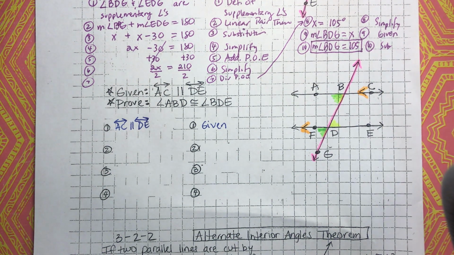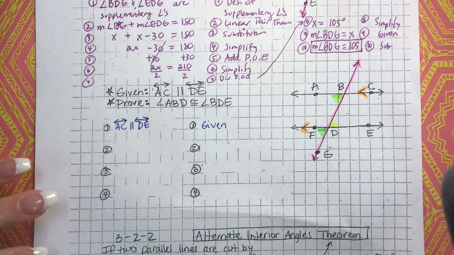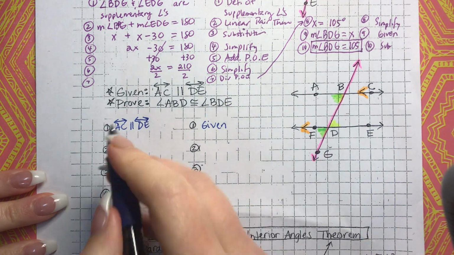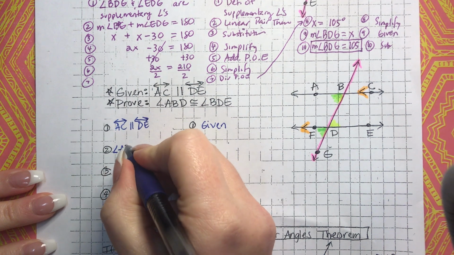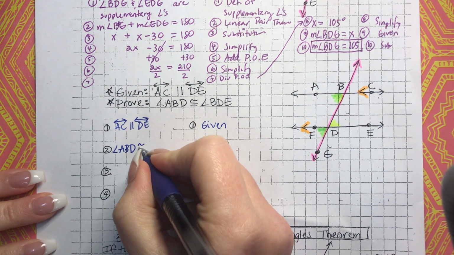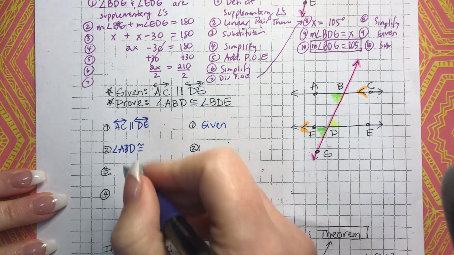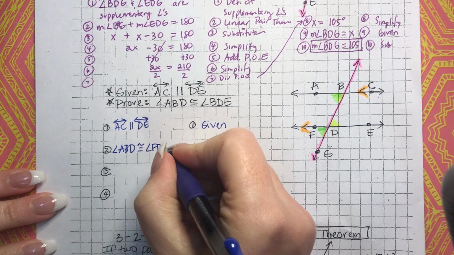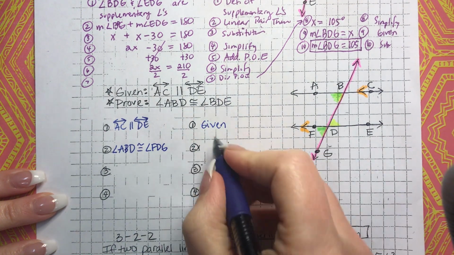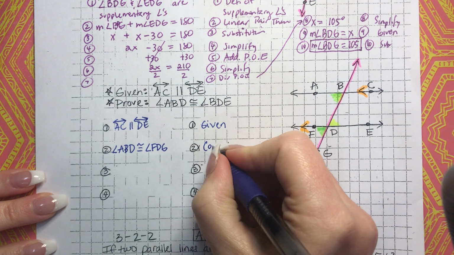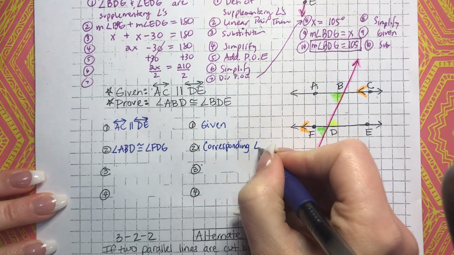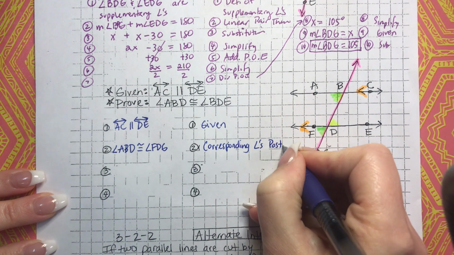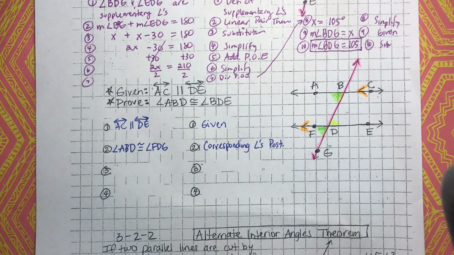So we know that those are congruent because of the corresponding angles postulate. So I'm going to say angle ABD is congruent to angle FDG because of the corresponding angles postulate. All right, cool.